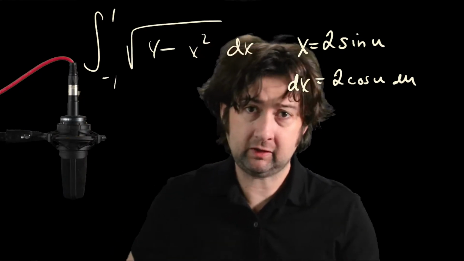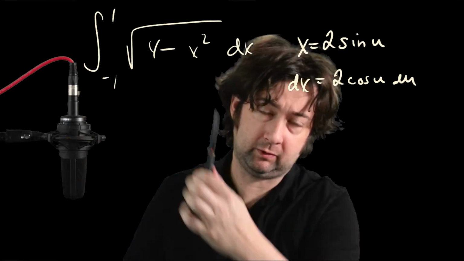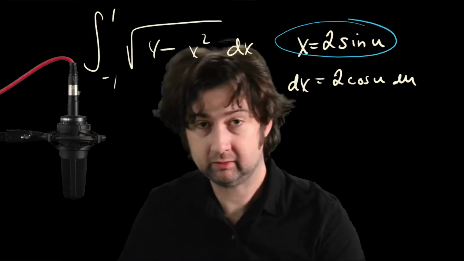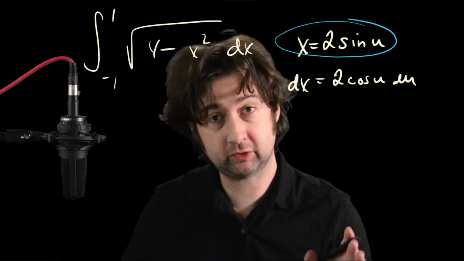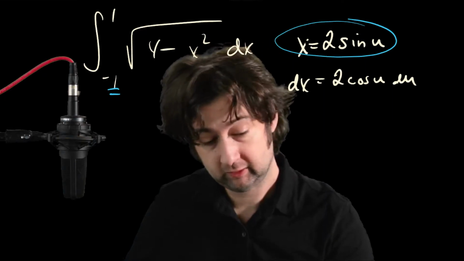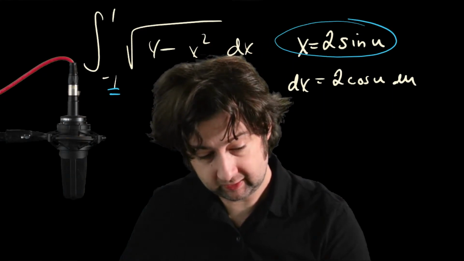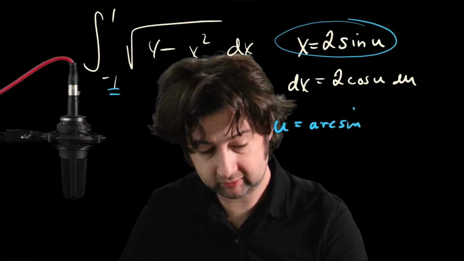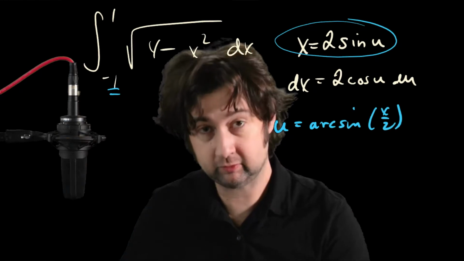The last thing I need to do is figure out what to replace -1 and 1 with. In order to do that, I'm actually going to have to reverse this expression into an expression for u instead, because remember that these are x values. So this would say that u is equal to the arcsine of x over 2.